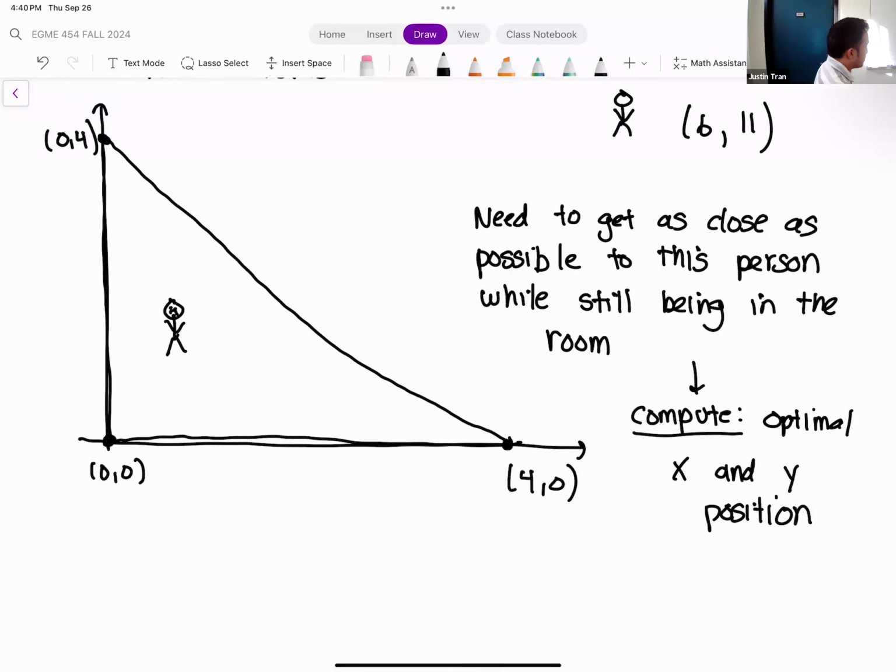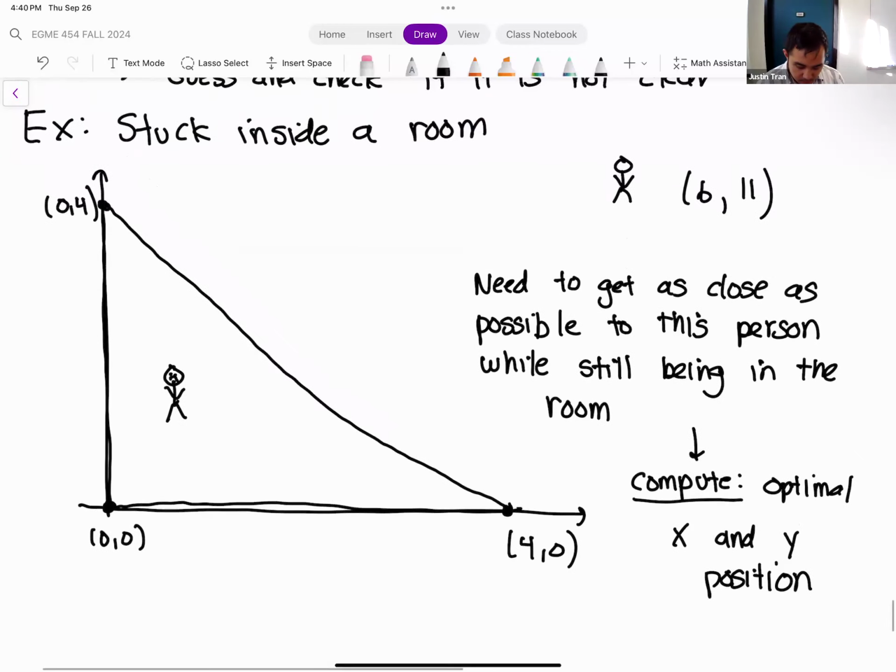Okay. All right, any questions on the setup for the problem? Your phone is dead, by the way. You can't call for help. You have to yell it.